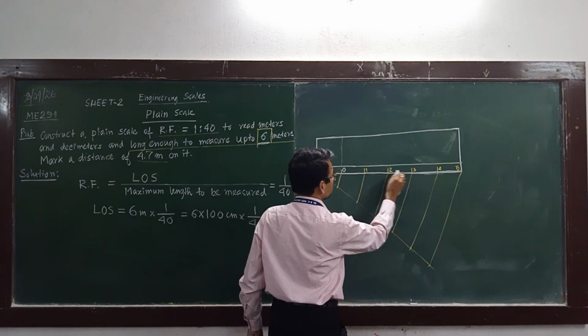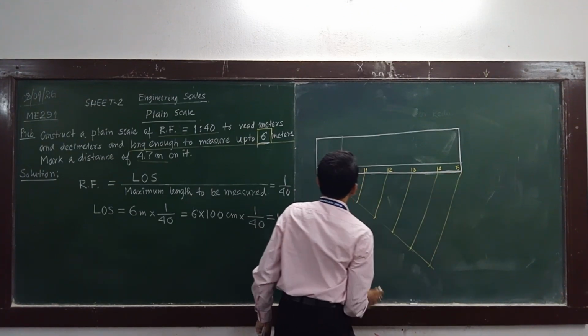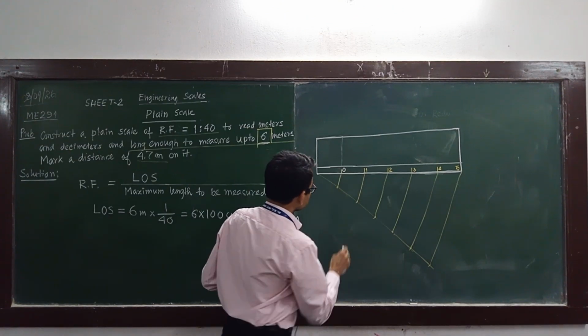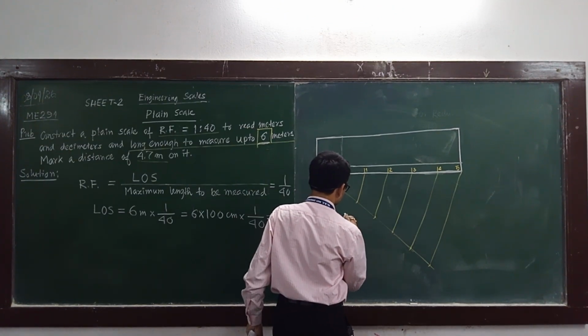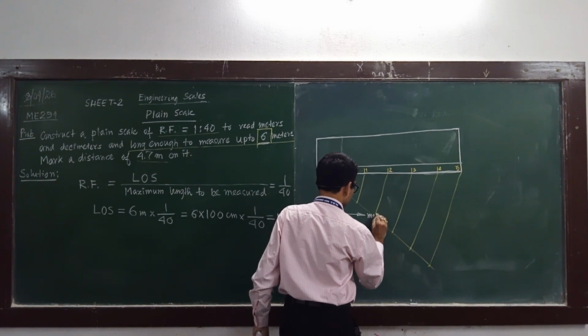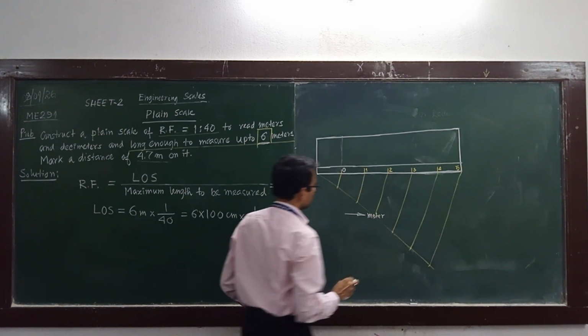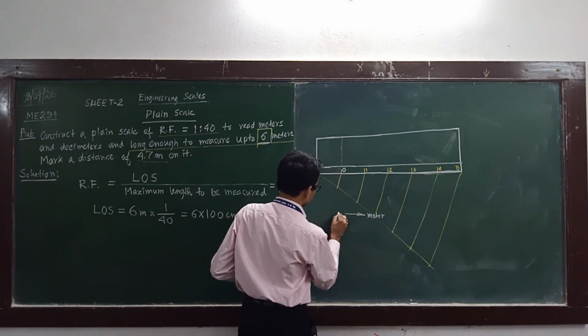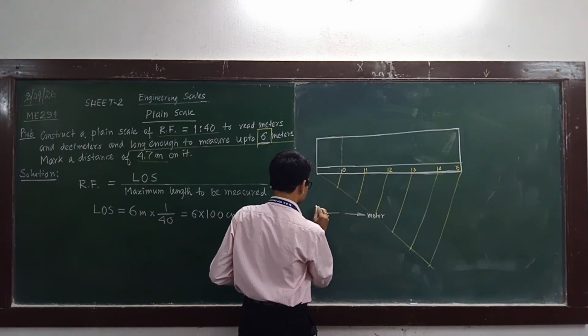So 1 meter, 2 meters, 3 meters, 4, 5. And on this side you have decimeter. So you will write meters, and this way you will draw decimeter.